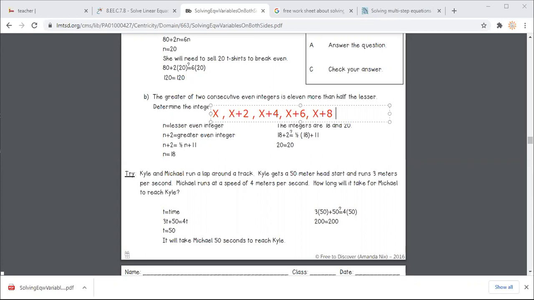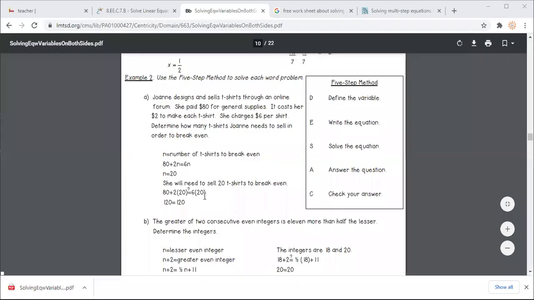Miss, I have a question. Yes, sure. About the t-shirts problem, it says 80 plus... Just a second, I'll go back. 80 plus 2 times 20 equals how many? 120. And the right side, 6 times 20, will be how many? 120.